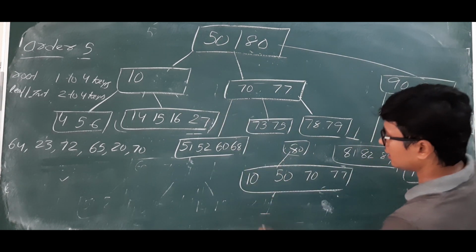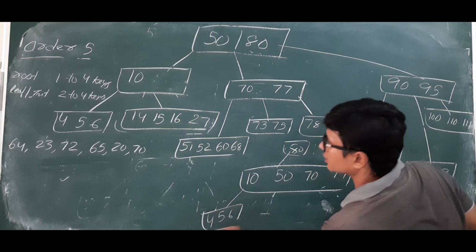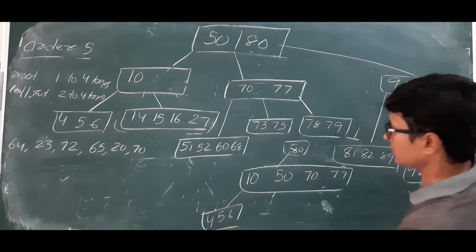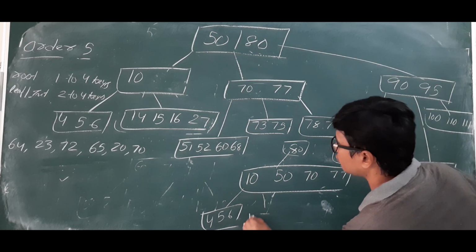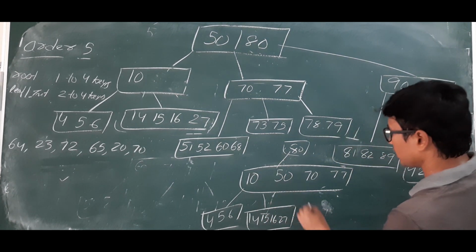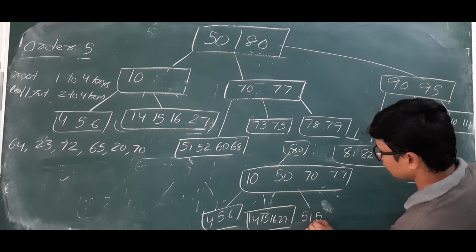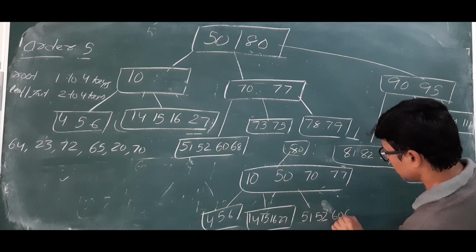So we will draw the remaining thing. To the left of 10 you will have 4, 5, 6. To the right of 10 you will have 14, 15, 16, 27. To the right of 50 you will have 51, 52, 60, 68.